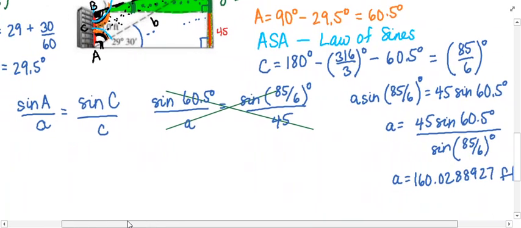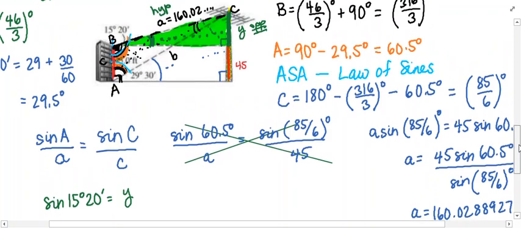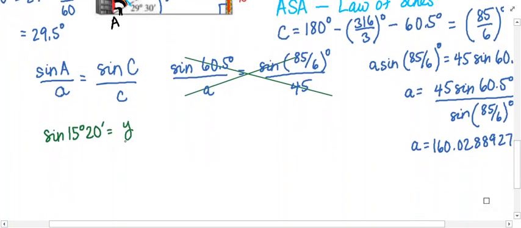So our right triangle ratio here is that the sine of 15 degrees and 20 minutes is equal to the opposite side, which is y, over the hypotenuse, which is 160.0288927. Need all the digits. So this is what I need to solve.